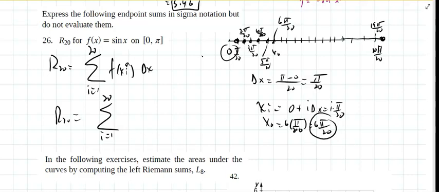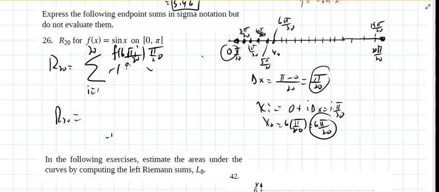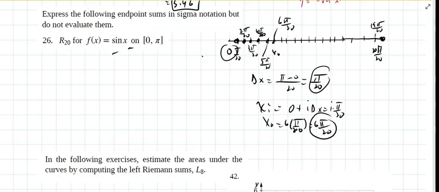Why is that so compacted here? Let me redo this really quick. R sub 20 is going to be the series i equals 1 to 20 f of x sub i delta x.